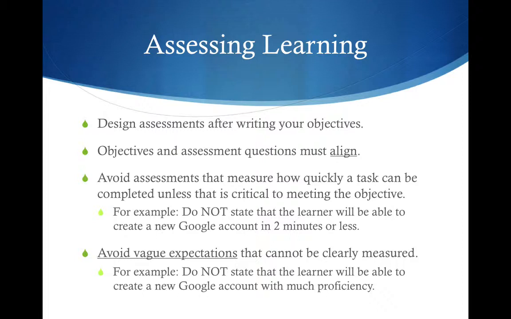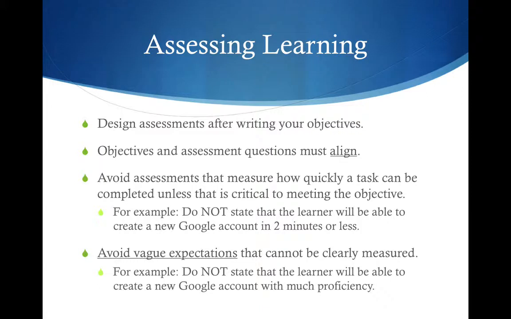Also, here's some things to avoid. It's just vague assessments, and sometimes you'll have to do that. In the case of this course, some of our things are very creative, so I might not be able to give an exact scale on a few things, but wherever you can, you want to be very specific.